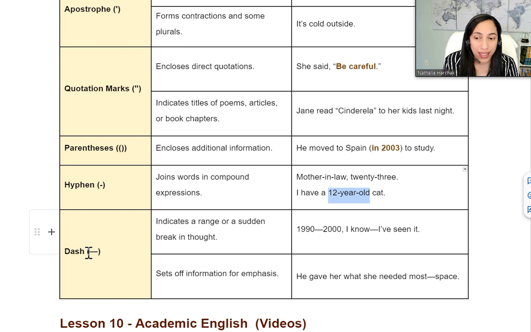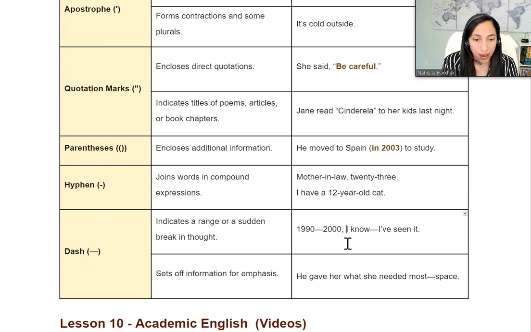Then we have dashes. Dashes are basically really long hyphens. That's how I look at them. This is a dash, all right? So this indicates a range or a sudden breaking thought. For example, if I want to say between 1990 and 2000, I can just use a long dash here to express that without having to use the word between, okay?